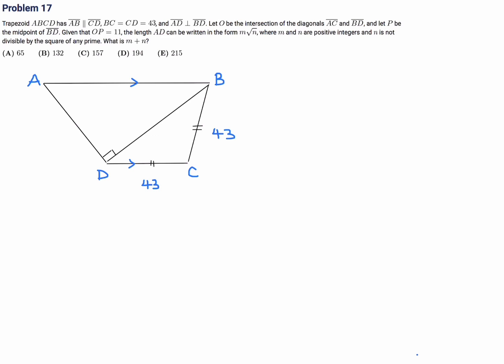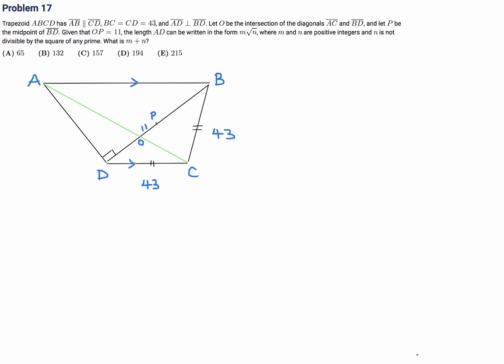Okay, I got to draw another line, AC to BD. That intersection they're calling O. So this is O here. And then P is the midpoint of BD. Okay, so midpoint approximately here. So that's P. And OP is 11, so that distance is 11.